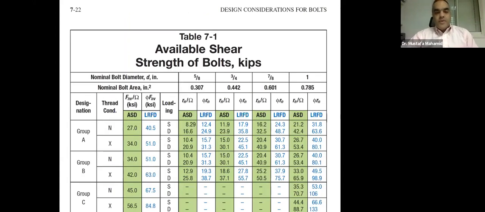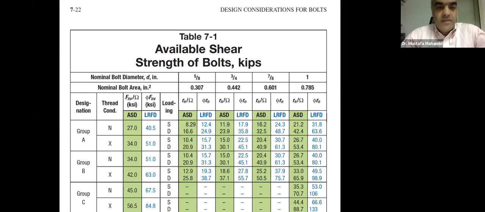And then the available shear strength of the bolt is given in Part 7. We talked about Part 7 as being for the bolts. So Table 7.1 gives us the available shear strength of the bolts. Again, we have Group A, Group B, and then Group C, which was introduced in the 15th edition of the AISC Manual, and the thread condition, whether they are included or excluded.